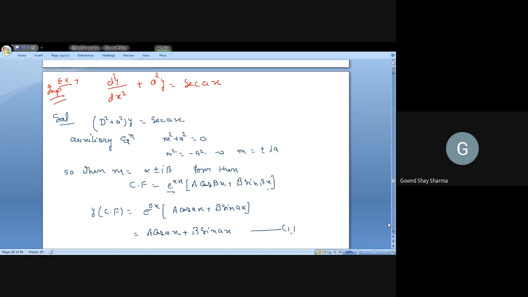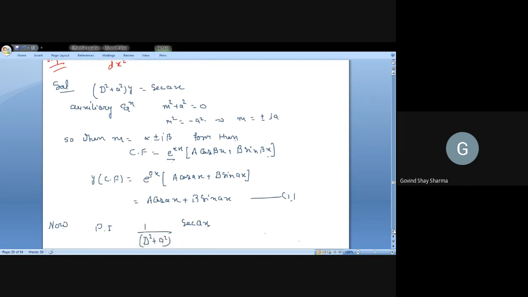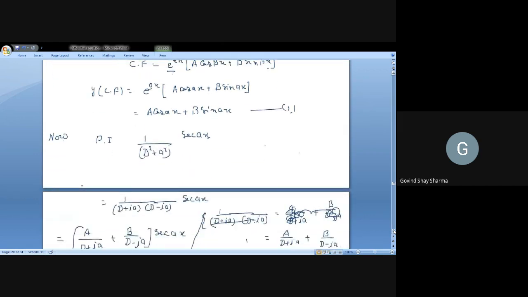So when the roots are complex, we write e to the power alpha x, a cos beta x plus b sin beta x. So here beta is equal to a, so we write a cos x plus b sin x. Okay. Now PI is equal to 1 upon D square plus a square sec x.